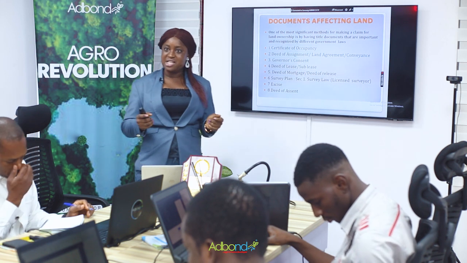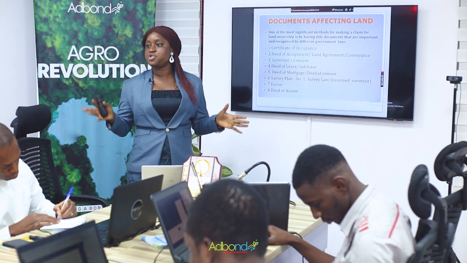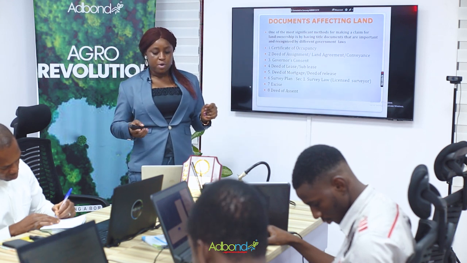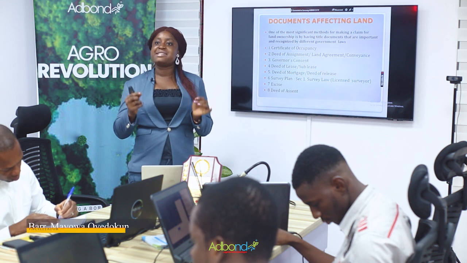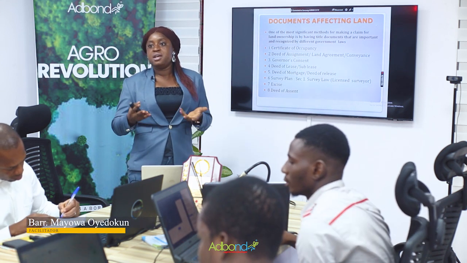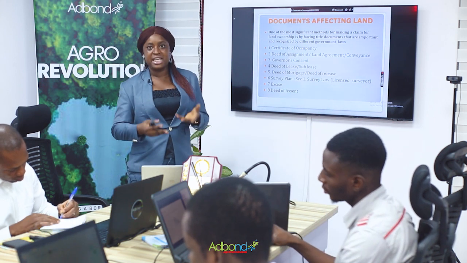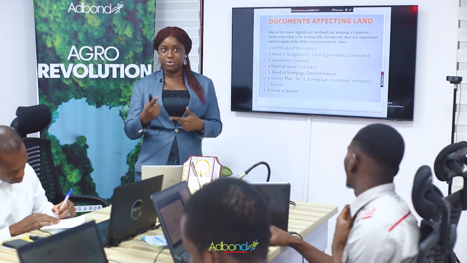So the absolute ownership of land is in the governor, who holds this in trust for the benefit of citizens. Now, a certificate of occupancy gives you 99 years. We call it a lease, even though the land is yours. It's like a lease. It gives you the right to the land for 99 years, which is renewable.